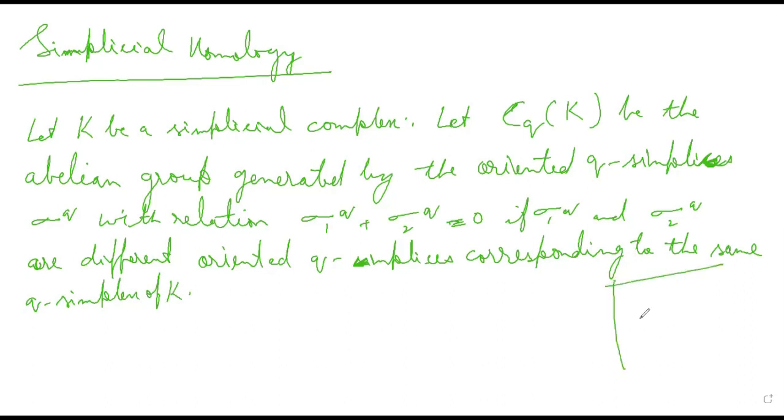So basically, when we take an oriented q-simplex sigma, then minus sigma means the same simplex with opposite orientation. And this is for all q.